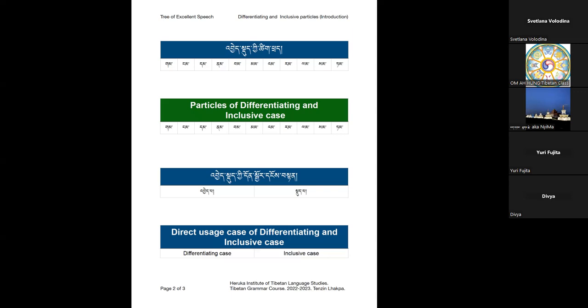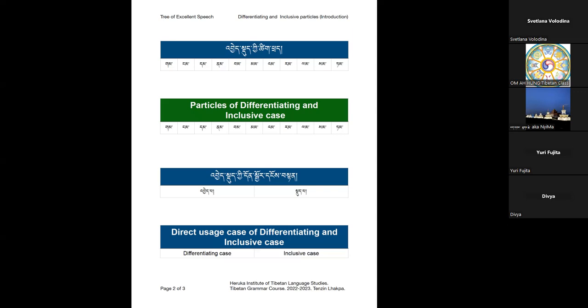So if we recall the particles that we have studied previously, there was one particle which was the ornamental and inclusive case. This is quite similar, but it works differently, in which in that case the inclusive meaning was inferential, whereas here everything will be directly stated in the statement.